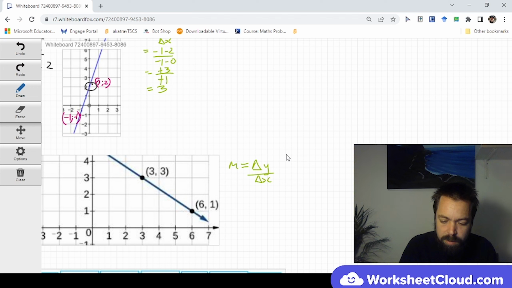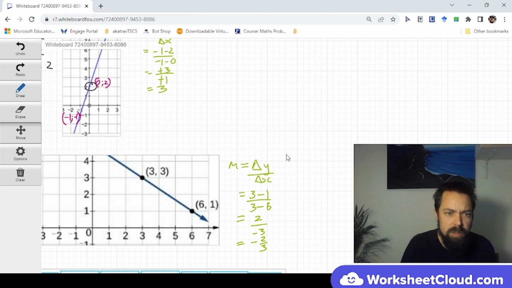So y goes from 3 to 1, over x goes from 3 to 6, which leaves me with 2 over minus 3, which is the same as minus 2 over 3.